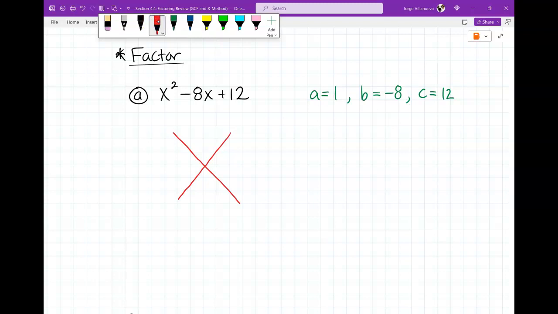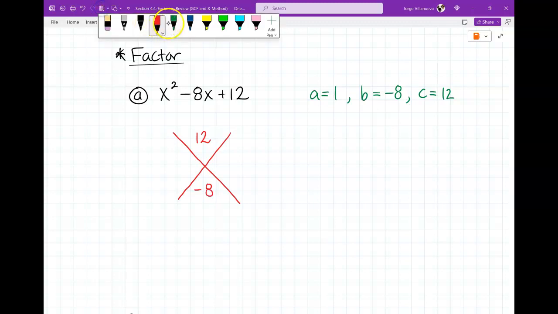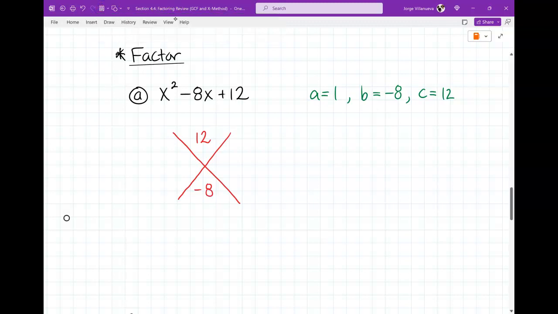On top, I'm supposed to multiply A times C. That's 1 times 12, that's 12. On the bottom, I'm supposed to write B, -8. Give me two numbers that multiply to 12 that add up to -8. 2 and what?